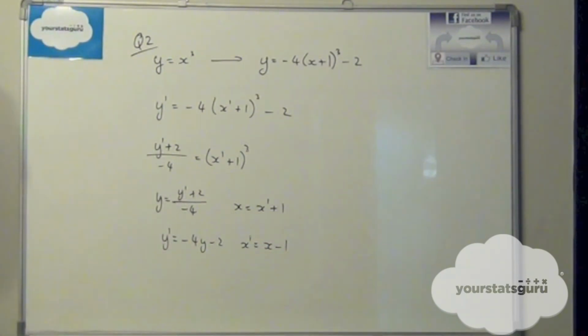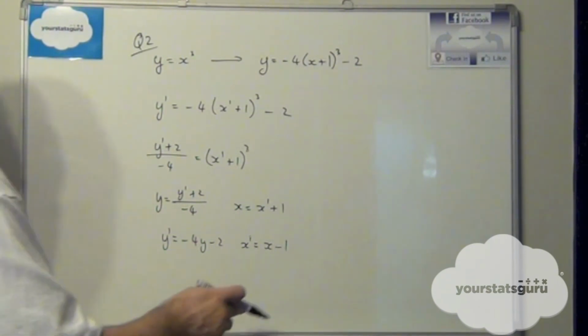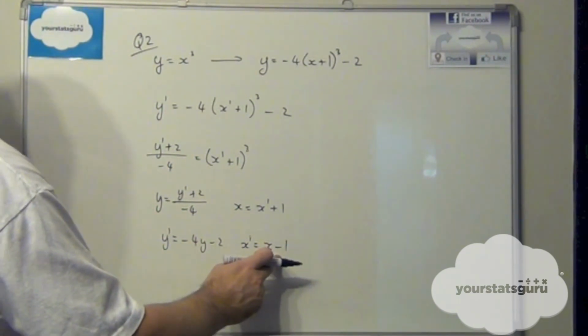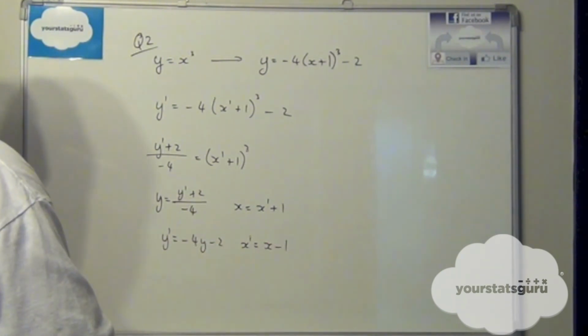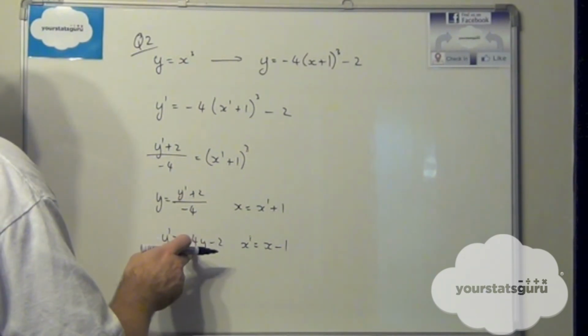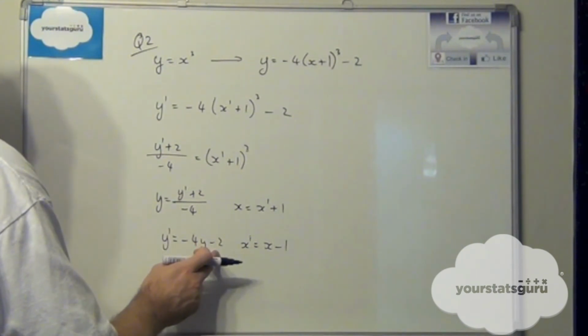So what this tells us is that we have a horizontal shift of 1 unit in the negative direction. We have a vertical shift of -2.